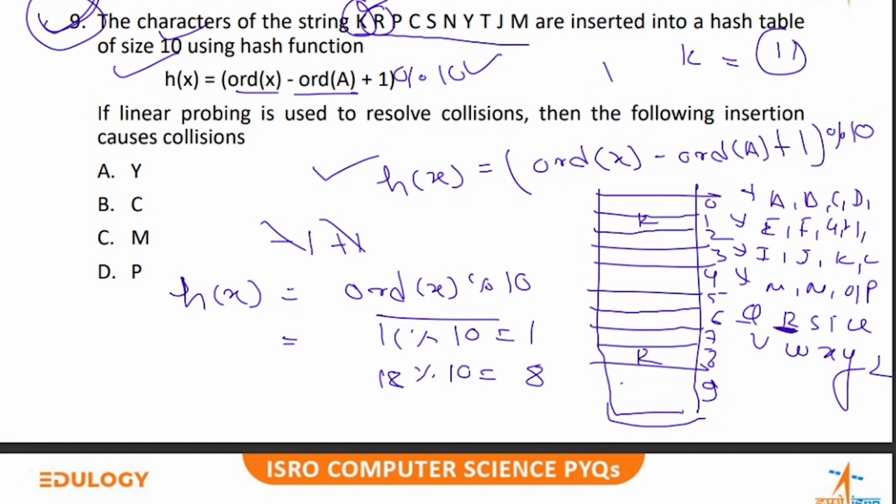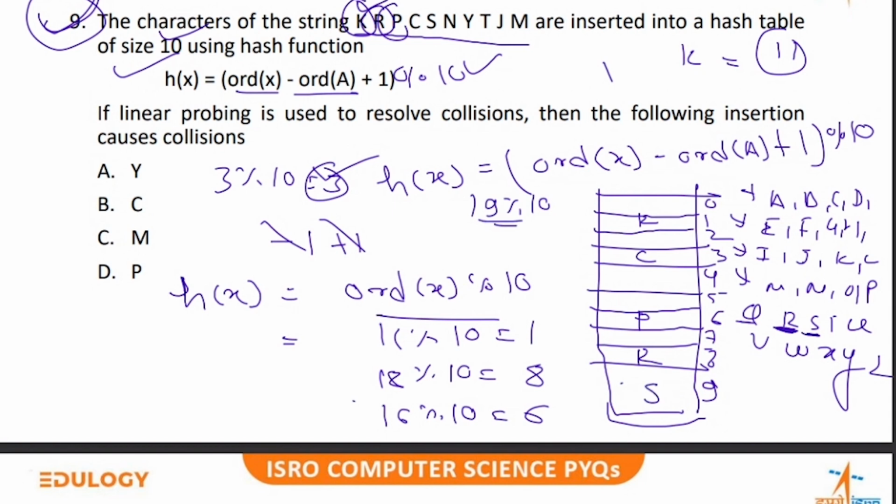Again p is 16, and 16 modulo 10 is 6. P will come at position 6. C is 3 modulo 10, which is 3. C will come at position 3. S is 19 modulo 10, which is 9. S will come over here.